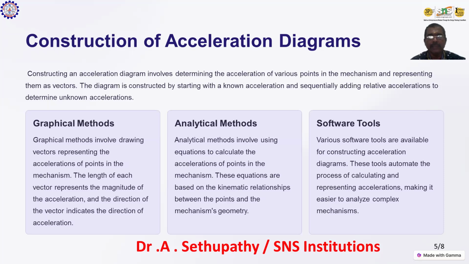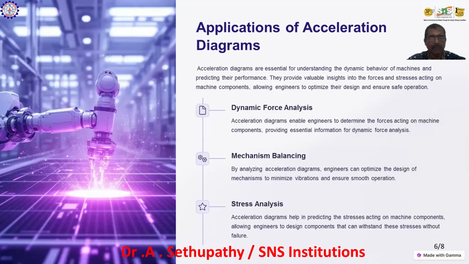So known acceleration means angular acceleration, and unknown acceleration means the tangential acceleration. We will find the tangential acceleration using the angular acceleration. So these are the methods we use, analytically, and with software tools where we usually draw the acceleration diagrams.